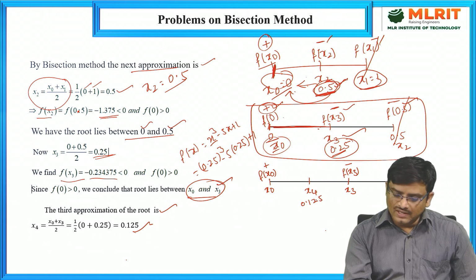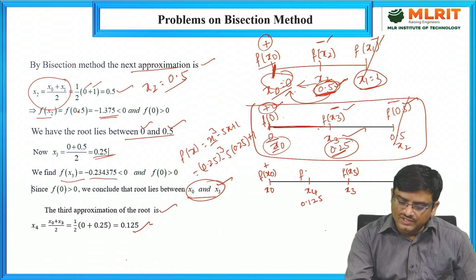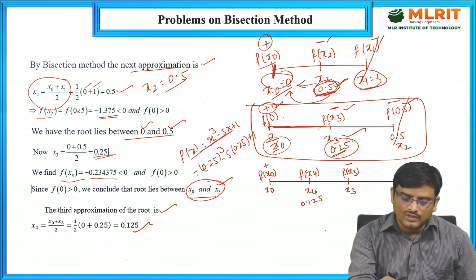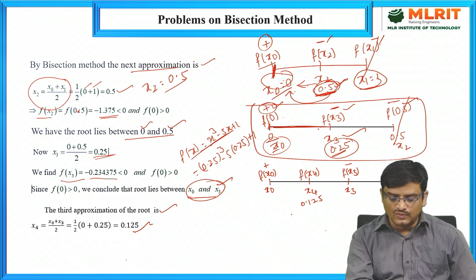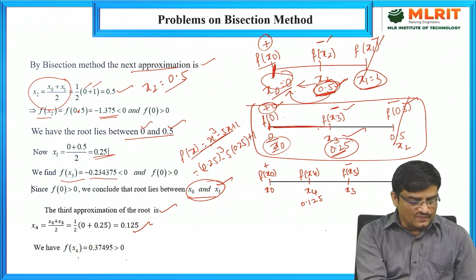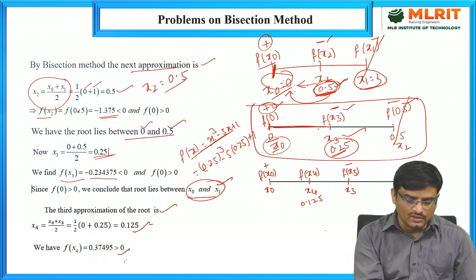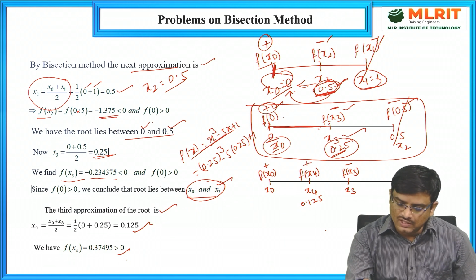Immediately after finding x4, you substitute it in the function f of x4, replacing x with 0.125, and check whether we get a positive or negative sign. After substituting, we get f of x4 with a positive sign. You represent this positive sign here.